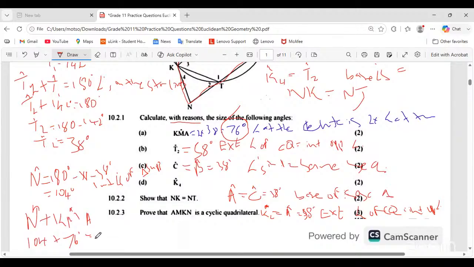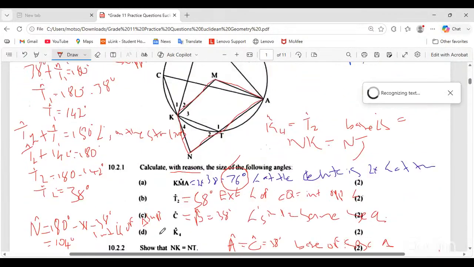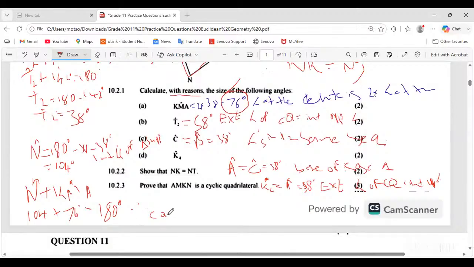Now let's sum that up. 104 plus 76, I exactly get 180 degrees. Therefore, this is the converse of opposite angles of a cyclic quad are supplementary. Then you are done with every question that you were required to answer there.